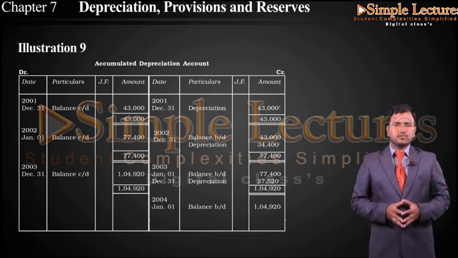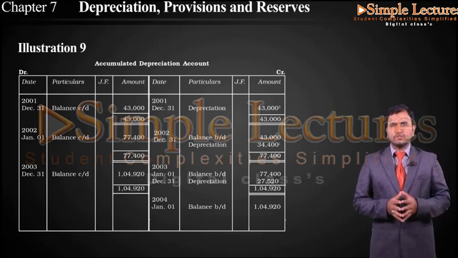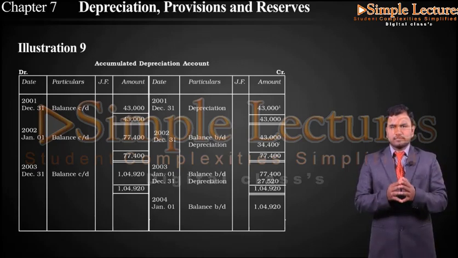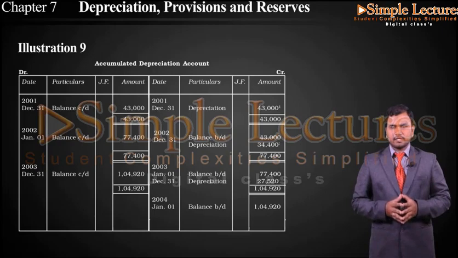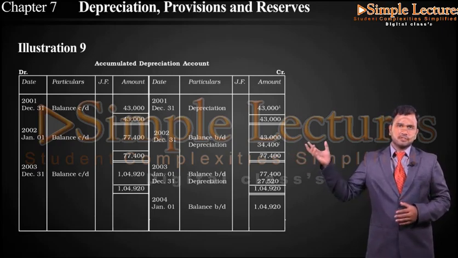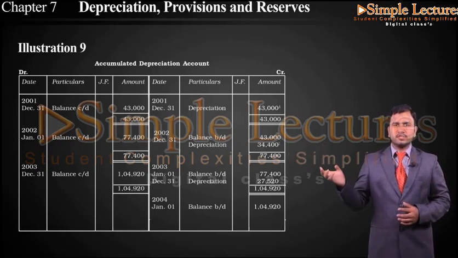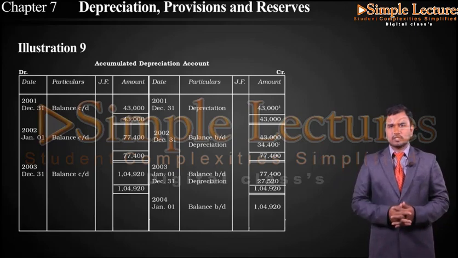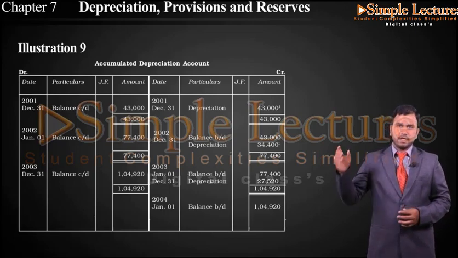Again coming to the fourth year, we are supposed to charge the depreciation on the reduced balance of the asset. So how will it be calculated here? 2,15,000 is the original cost minus 3 years depreciation, which is 1,04,920, into 20%.